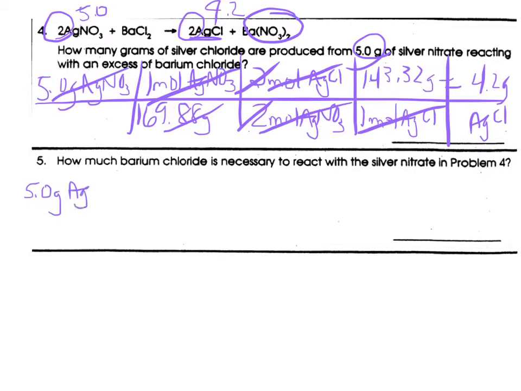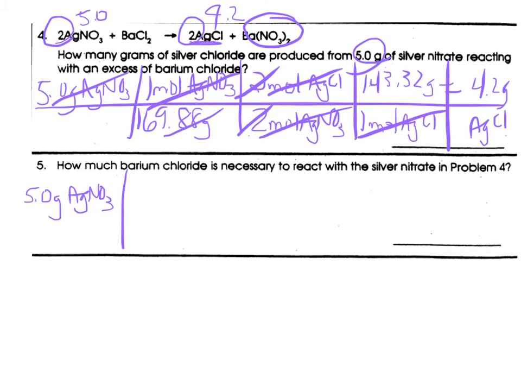It's always safer to start with the 5.0 grams of AgNO3 because that was given in the original problem. So we can really use any value. So I'm going to show it to you as well with calculating the 4.2 grams of AgCl, but if that answer is wrong, then your second answer will be wrong as well.